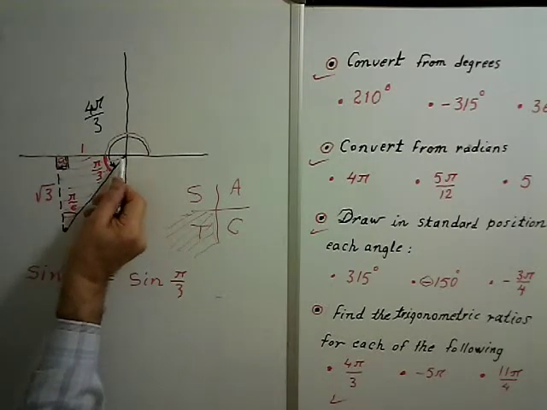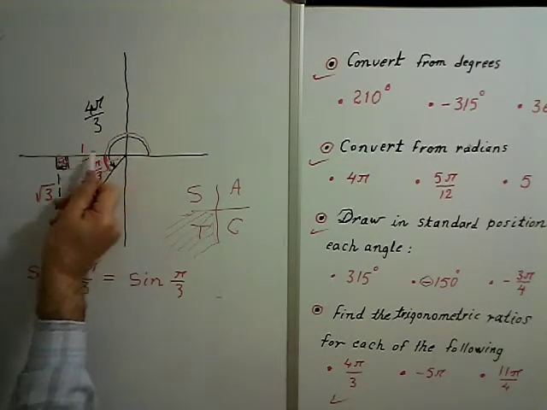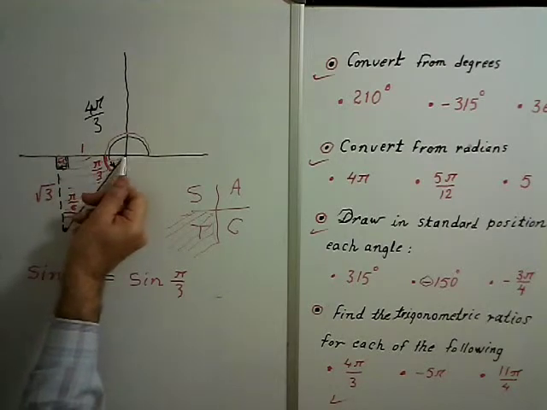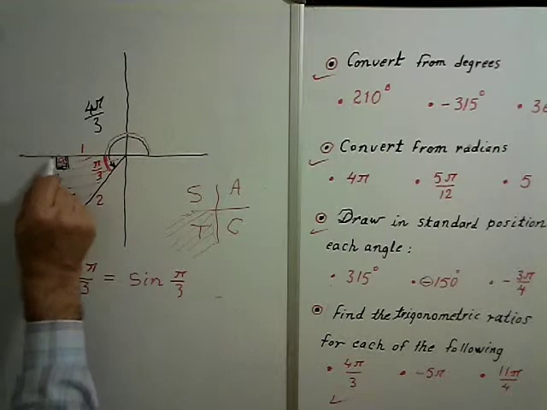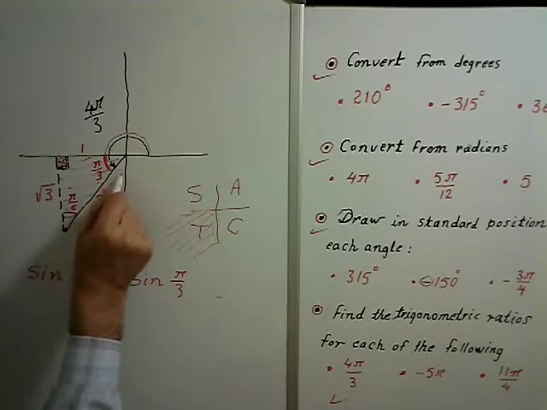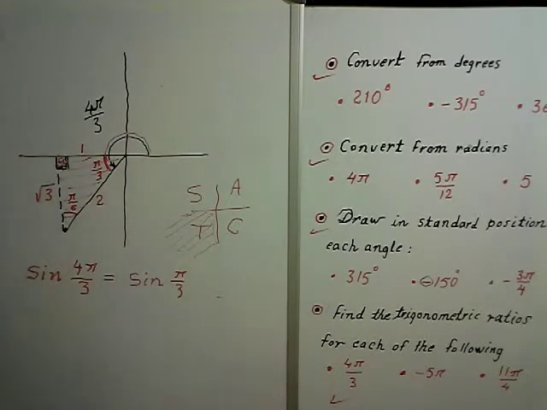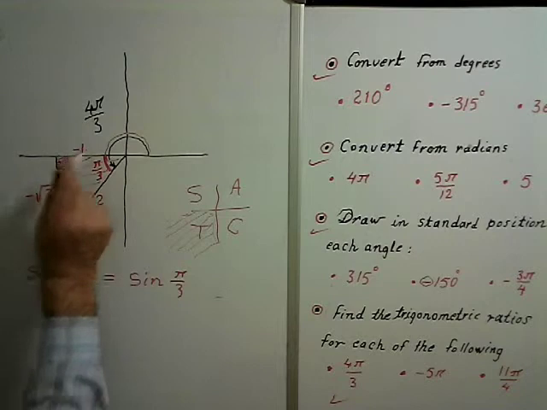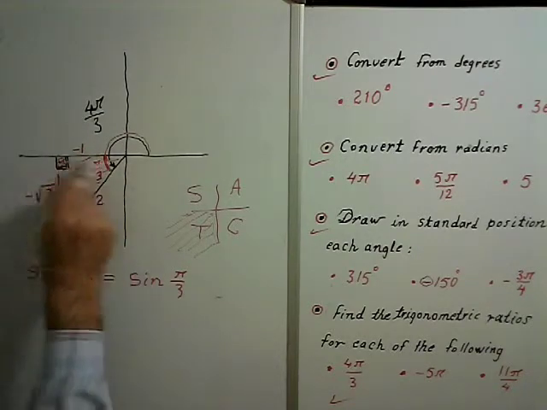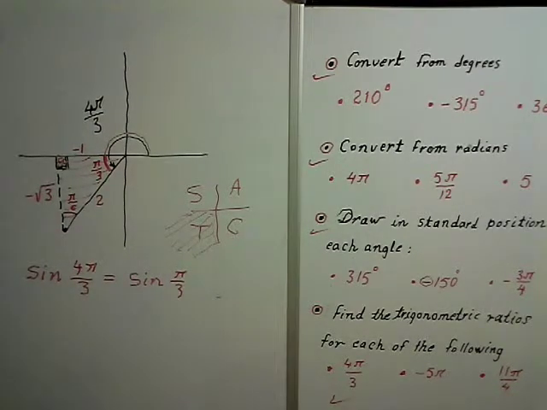You see, it's on the negative side of the x-axis, and this also on the negative side of the y-axis. So we can write here, this is negative and this negative, according to the quadrant where the angle lies.